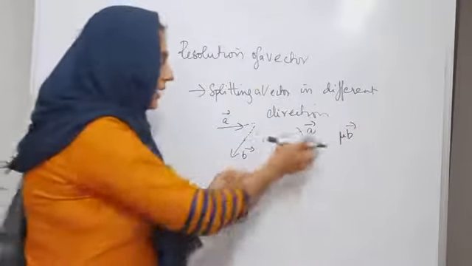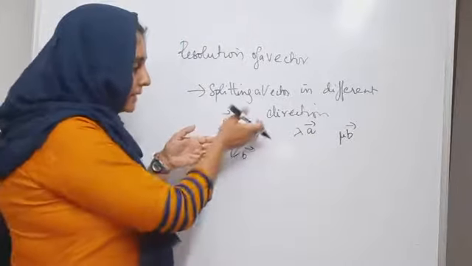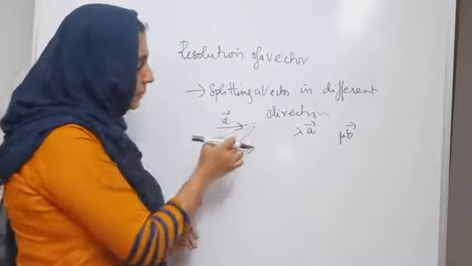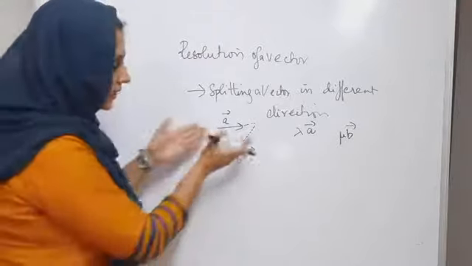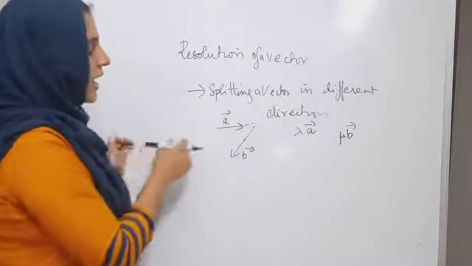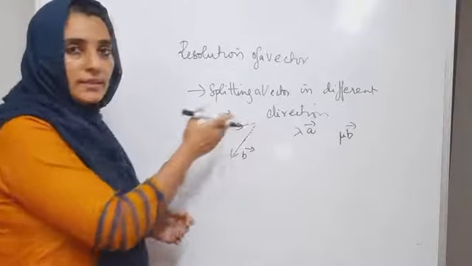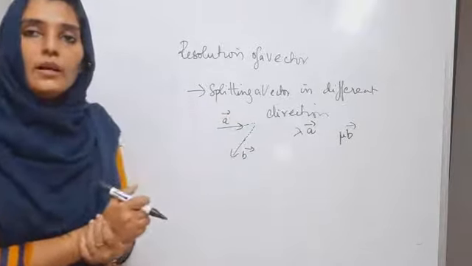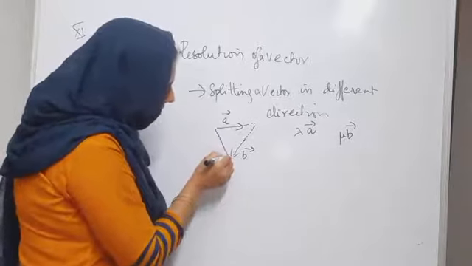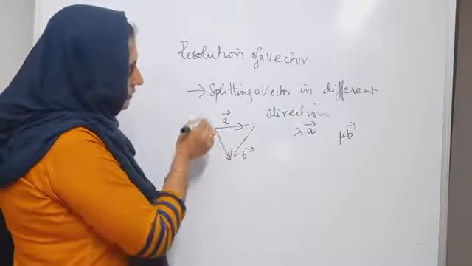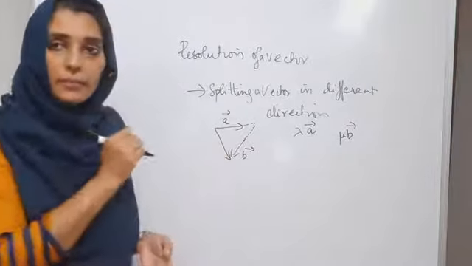Now I have two vectors whose ends meet at a particular point. Just like the triangular law of vector addition, we have two vectors meeting like this, where the tip of one vector touches the tail of the other vector. Now what will be the resultant of this? It will be a vector which starts from the first vector till the tip of the other vector.